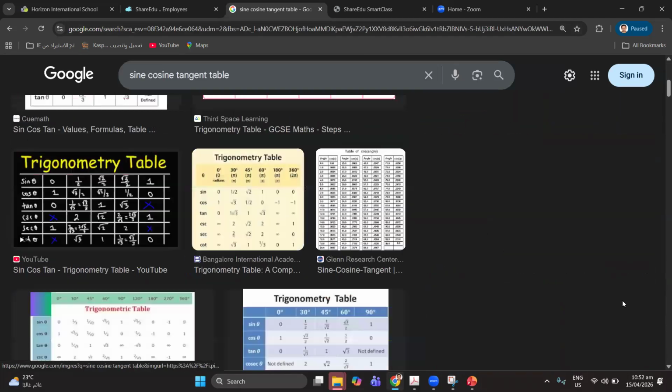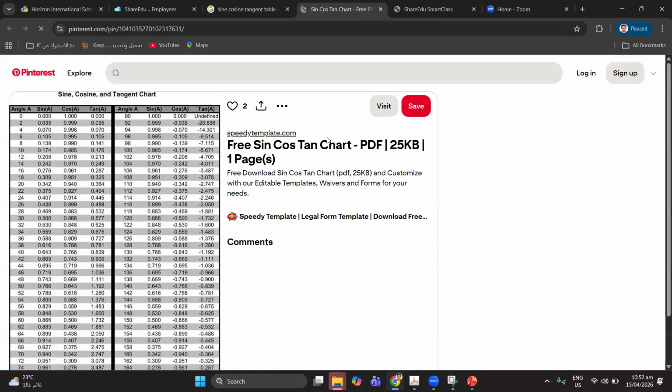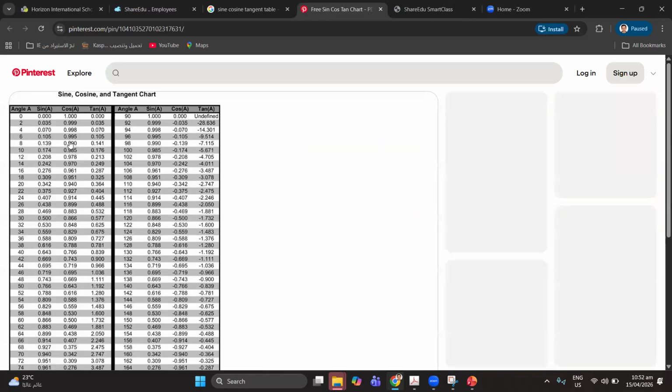If I need to find the sine and the cosine for any of the given angles in order to solve the triangle, I have to use this table, as you see on my screen.